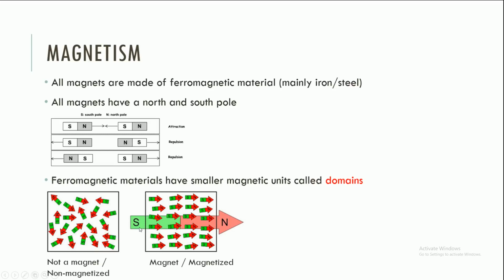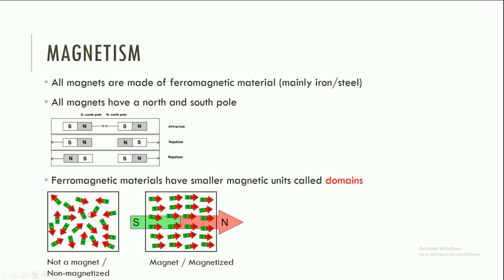Now, in a non-magnetized ferromagnetic material, for example iron, right? Just because something is ferromagnetic doesn't mean that it is automatically a magnet. But if something is a magnet, then it has to be a ferromagnetic material. Do you see what I mean?